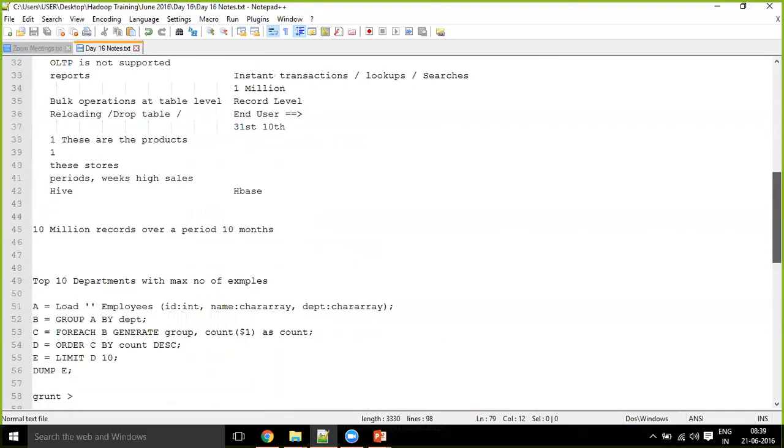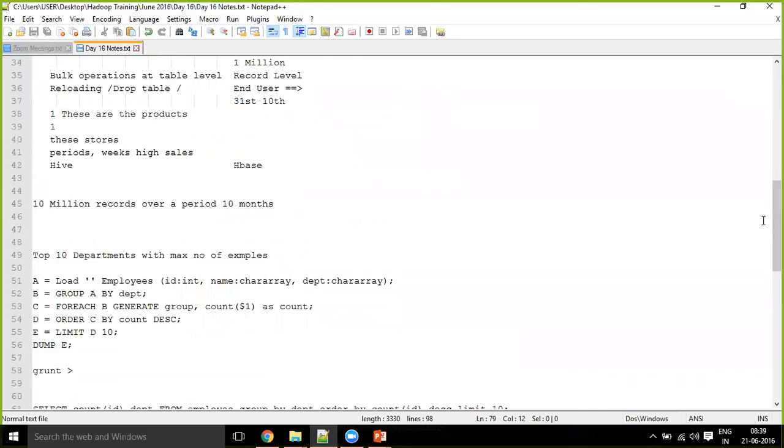Did I tell you that Hive supports transactions? No. You are advanced, I know that. I didn't tell you that, right? I know you're curious, Ramesh.